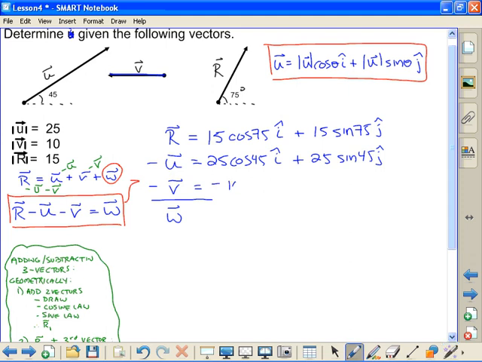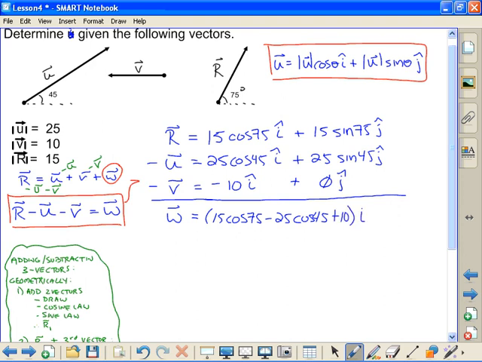So it will be minus 10i plus 0j. Extend that bar out. So what is my w vector? In brackets, 15 cos 75 minus 25 cos 45 minus 10, oops, sorry, plus 10 because you're subtracting a negative. That's my i, plus 15 sine 75 minus 25 sine 45, and then minus 0.